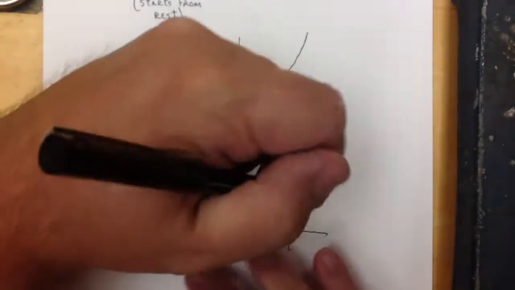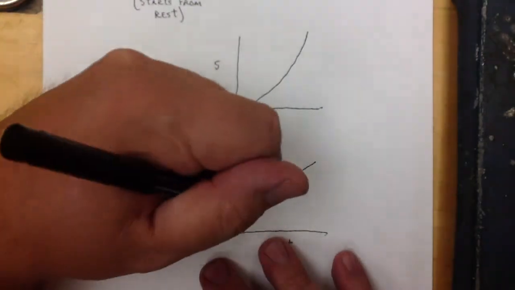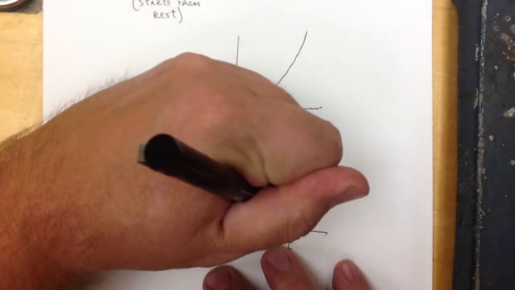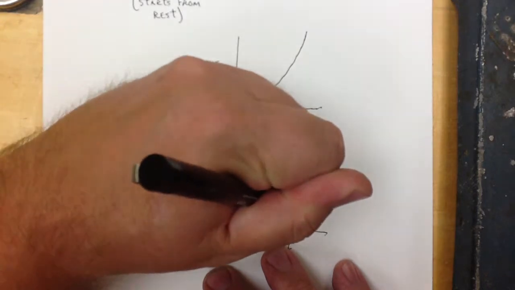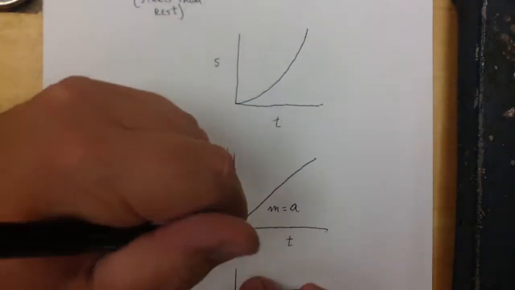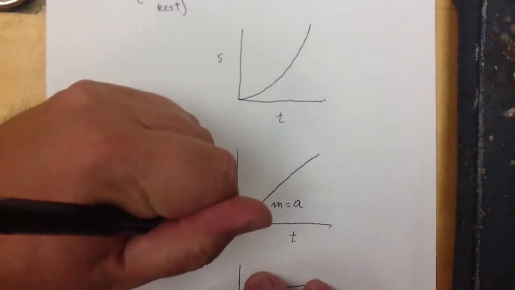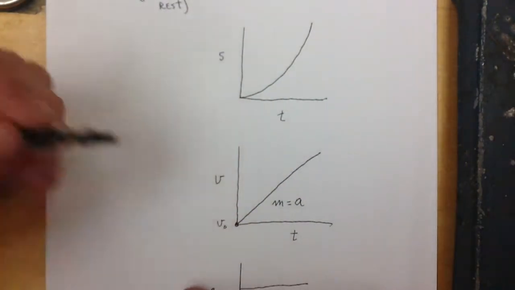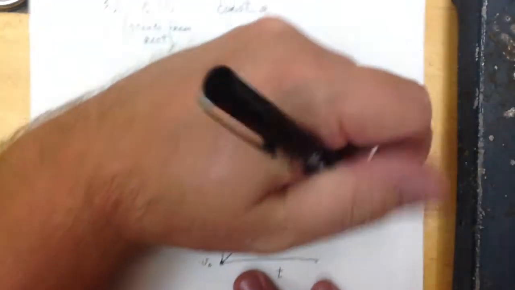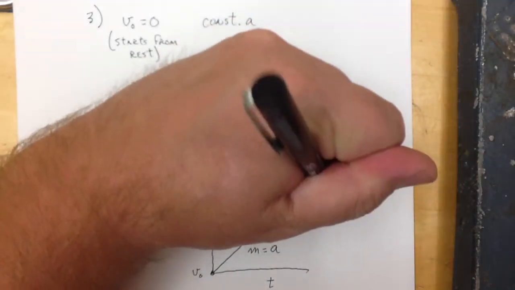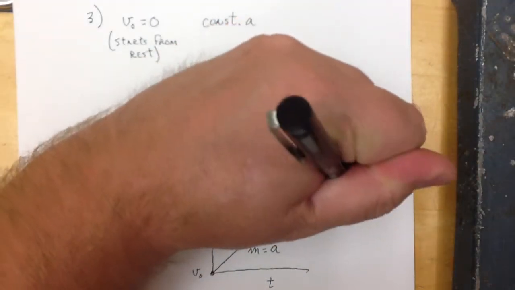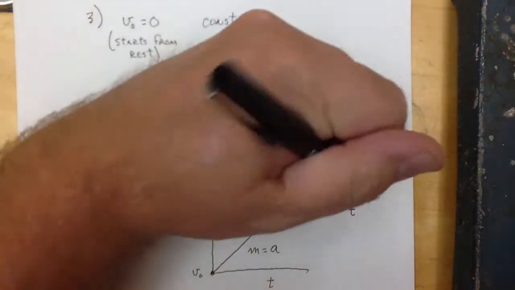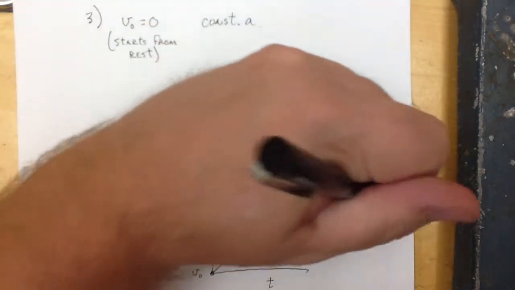So the first thing we'll do is let's stick with our idea of slope, and we know that the slope on this kind of a graph is equal to the acceleration. And here the velocity at 0 time is equal to 0 because it starts at the origin. And so we can develop the equation m equals v minus the initial, divided by time, and we know that the initial velocity is 0.